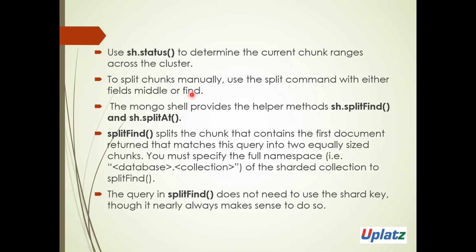This is our helper method to do that: sh.splitFind and sh.splitAt. splitFind will split the chunk that contains the first document matching the query into two equally sized chunks. For that, we need to specify the full namespace, that is database.collection. It does not need to use the shard key.